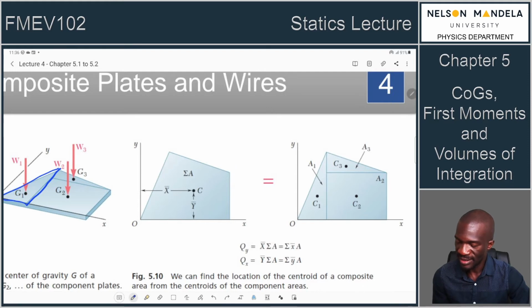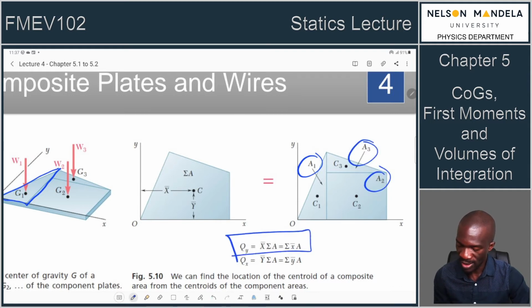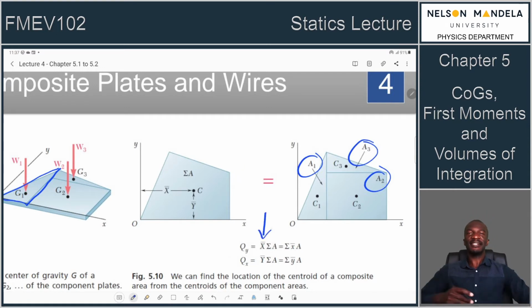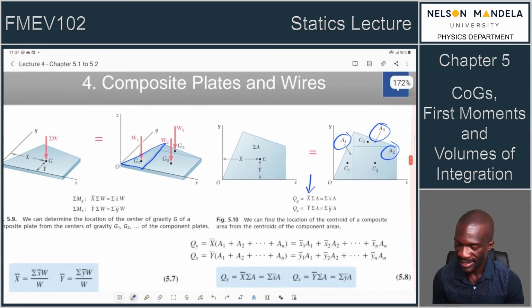By dividing this regular shape into areas A1, A2, and A3, you can then use your first moments concept to find the centroid. In this case, we will use the capital X for the centroid of the entire area, right? And then small letters for the centroids of the sub-regions that you've divided it into.